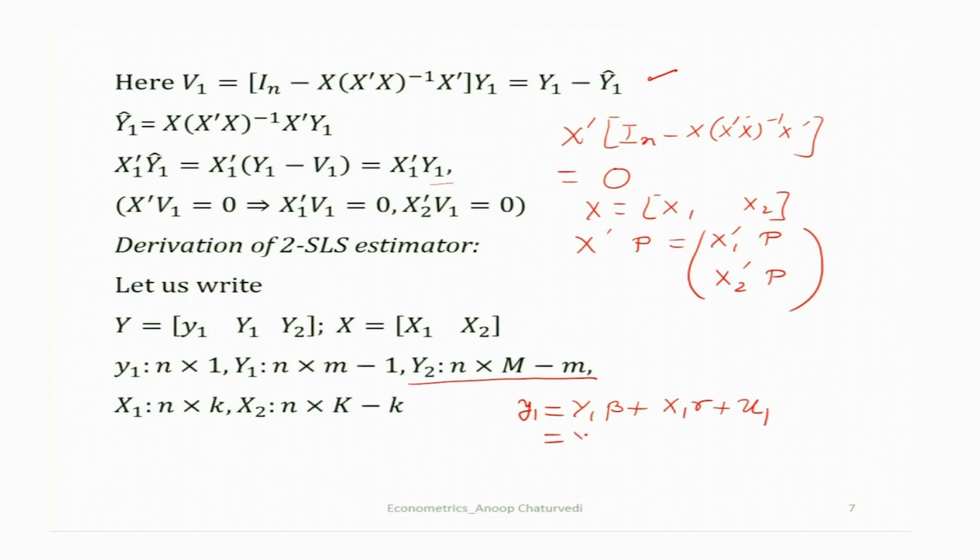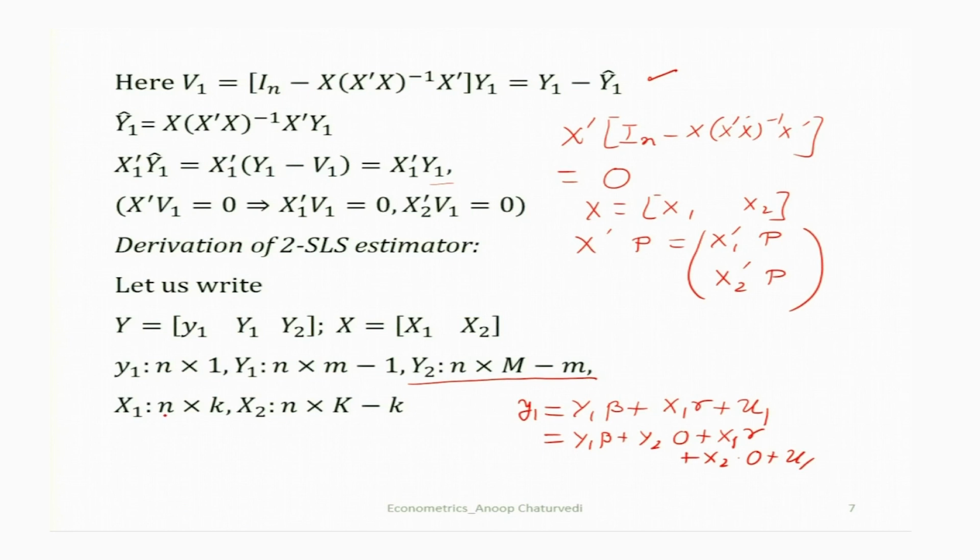or you can write it as y 1 beta plus y 2 into 0 plus x 1 gamma plus x 2 into 0 plus u 1. So, y 2 is the matrix of observations on endogenous variables which are not included in this particular equation.